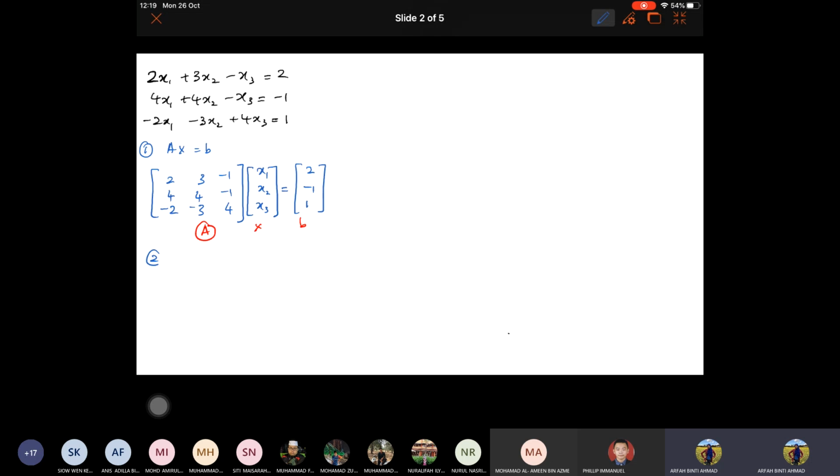So the second step is kita nak pecahkan or decompose matrix A into matrix L and U. Okay, so kita nak decompose matrix A terhadap matrix L dan U. So kalau tengok dekat slide yang saya bagi awak tadi, matrix L kita adalah satu matrix yang mana kalau awak tengok ianya adalah dalam bentuk this one.